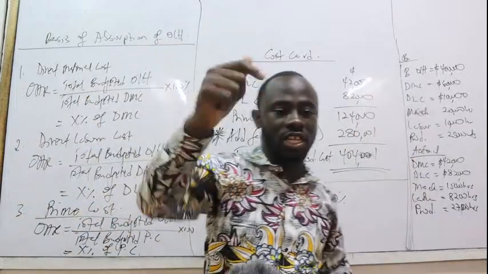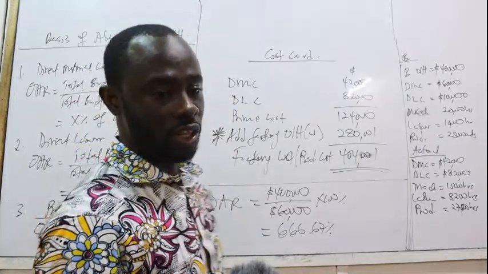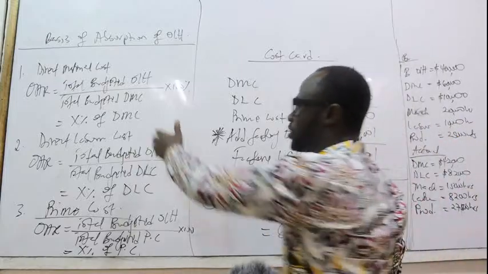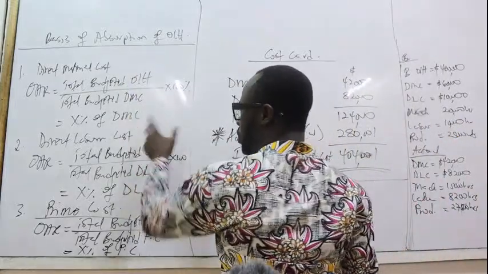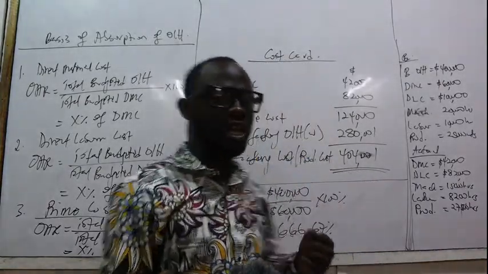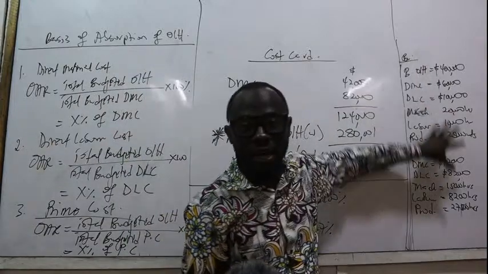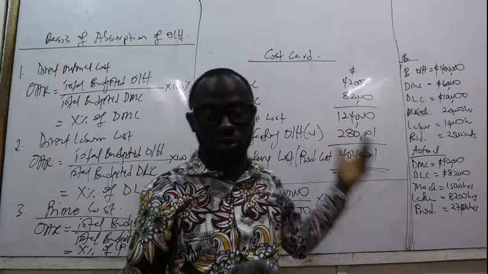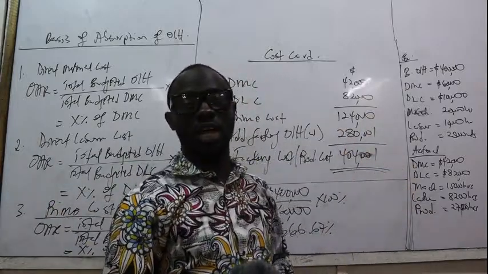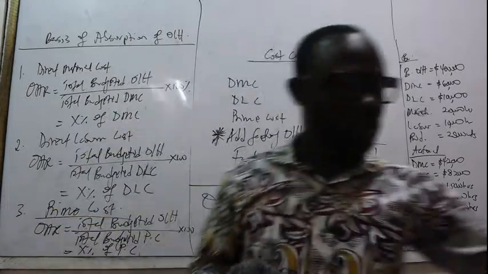I'm going to be answering that as we build up our knowledge. So that is the first three: absorbing the overhead using material cost, labor cost, and prime cost. Now let's look at the rest of the three. I am not doing the workings again, but I hope you have seen how the workings are supposed to be done in order to determine the actual cost that we need to calculate.